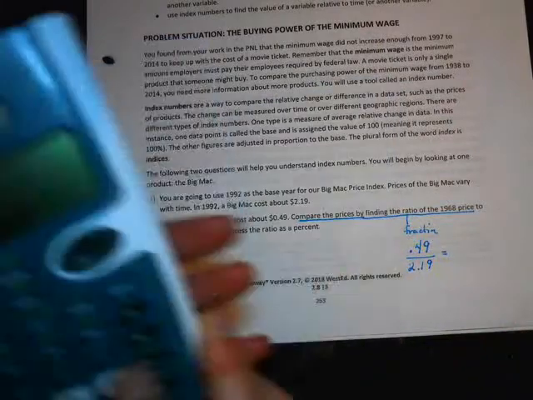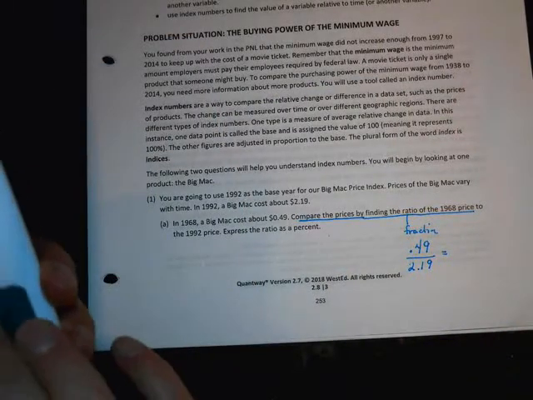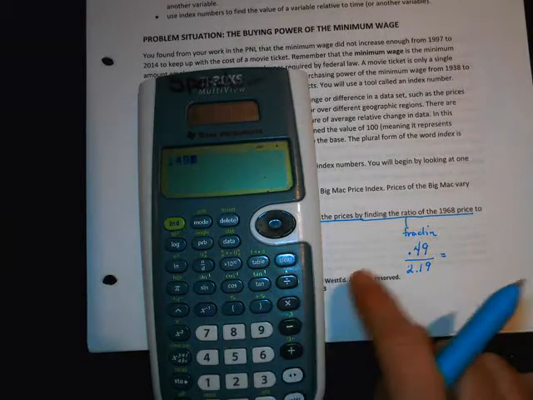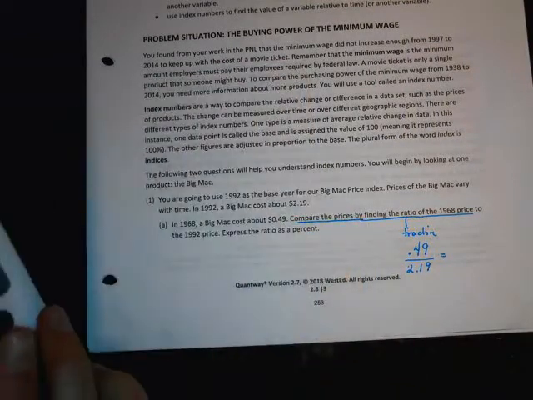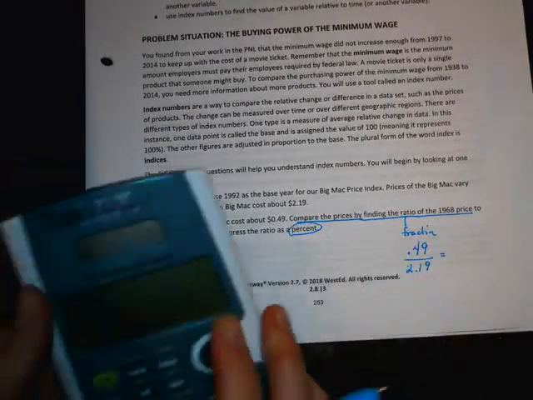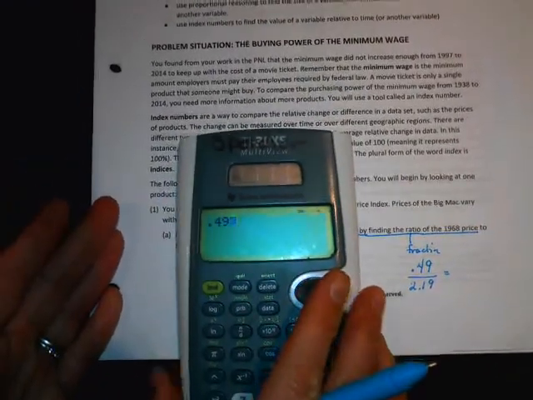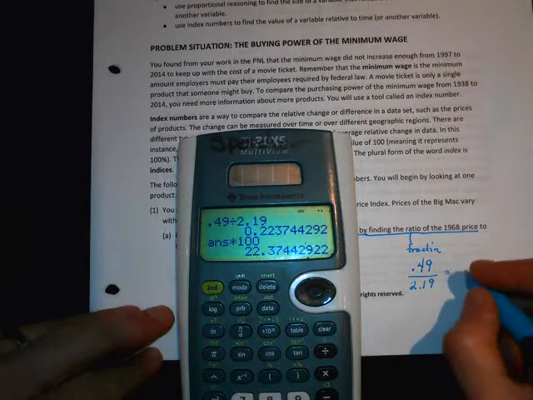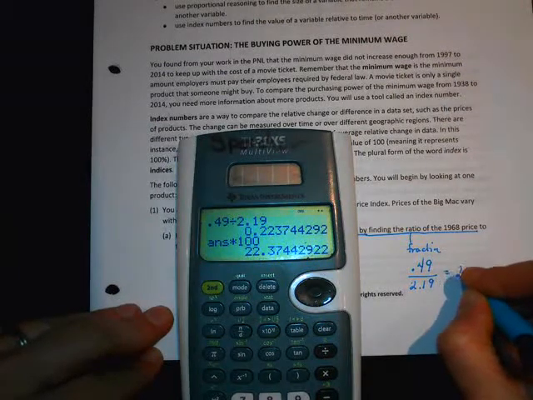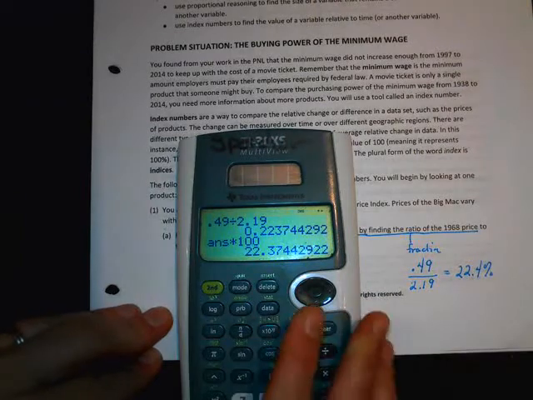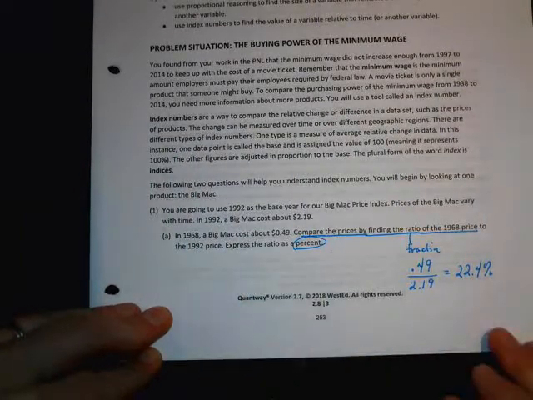Now remember, the calculator gives you the decimal, and they want you to express the ratio as a percent, right? So the calculator gives you the decimal, and you've got to multiply it by 100 to get the percent. So the answer is about 22.4%, or they tell you what to round it to. Well, we can call it 22% if we wanted. So let's think about this then.